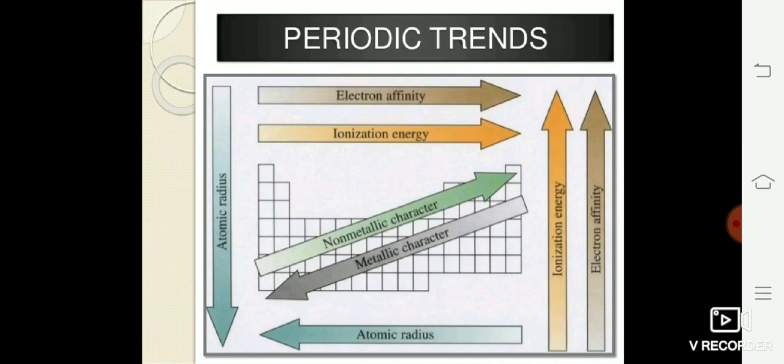You can say across a period, atomic size decreases, ionization energy increases, metallic character decreases, non-metallic character increases, electron affinity and electronegativity increase. The reason behind all these factors is atomic size, atomic radii and effective nuclear charge.